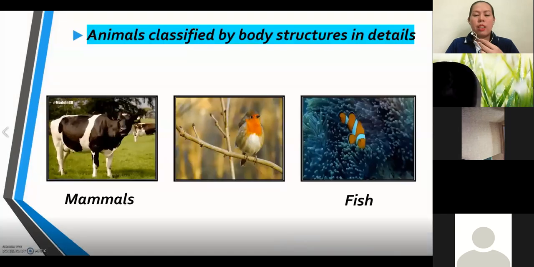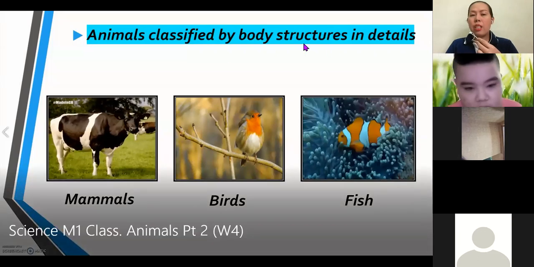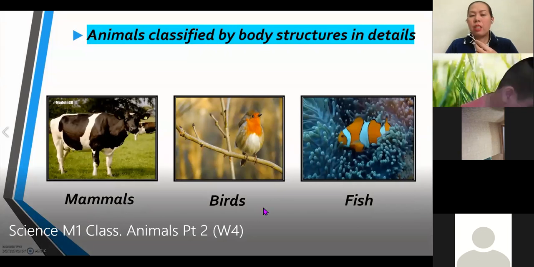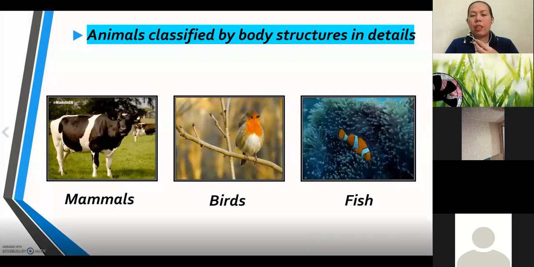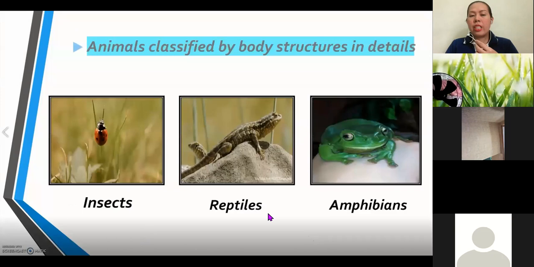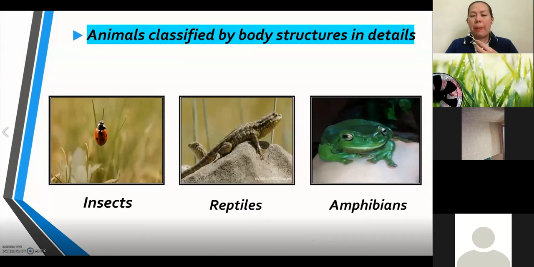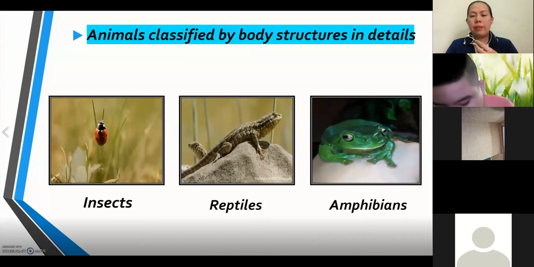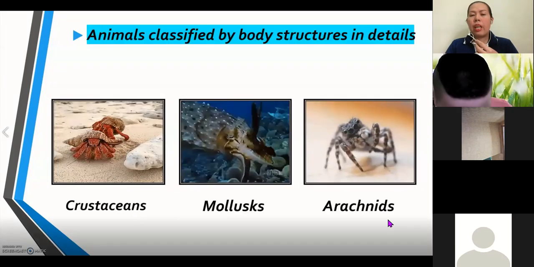Okay. So another thing, in your books we also talk about animals classified by body structures in detail. We have the mammals, birds, and fish. We also have insects, reptiles, and amphibians. And the last one is the crustaceans, mollusks, and arachnids.